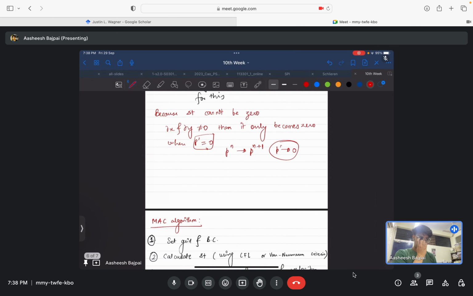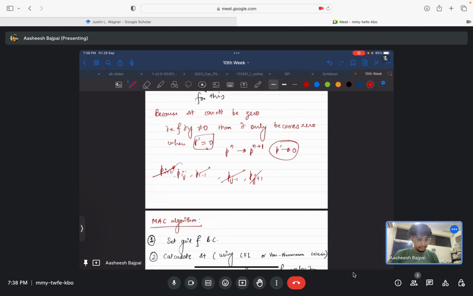And when it happens, p i plus 1 will become equal to p i minus 1, and p j minus 1 equal to p j plus 1. So this is how we are dropping neighboring pressures in the spatial direction. We are assuming constant pressure in the spatial direction, and in time we are varying.